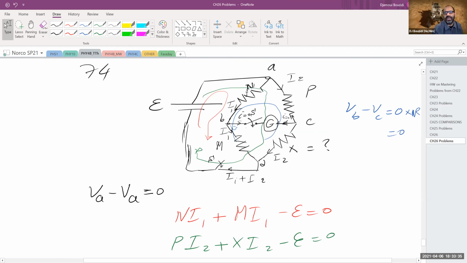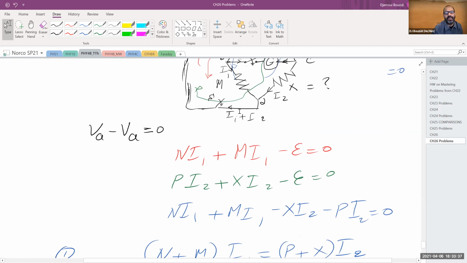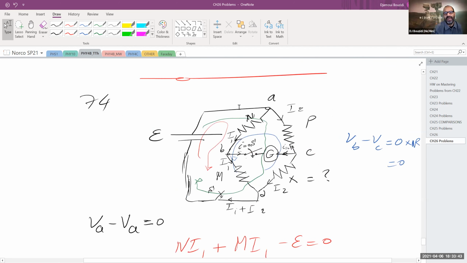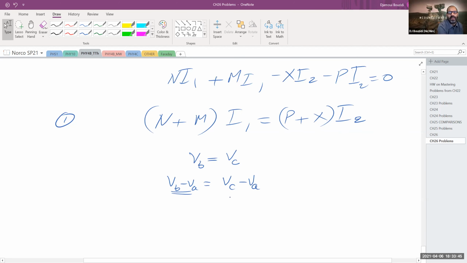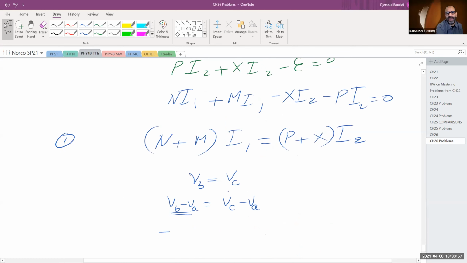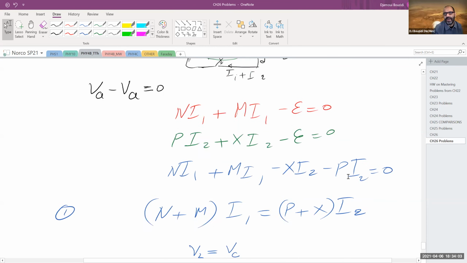it's this drop in potential. It's N times I1. Or actually it's minus, it doesn't matter. It's minus, because actually B is lower in potential than A. So this is actually a negative N times I1, negative N times I1 equals to, again, same thing.